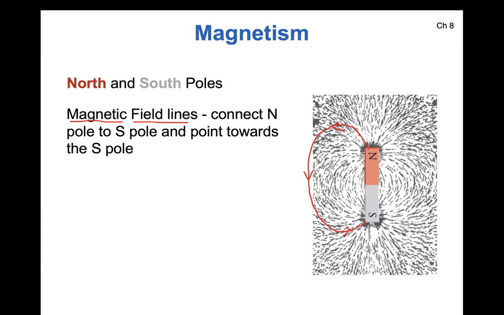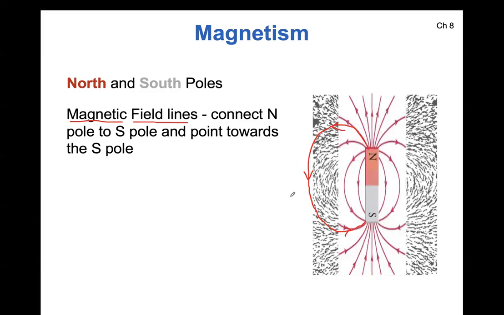And so, they will end up with gaps where there's no field lines or weaker field lines, and then thicker bands of the iron filings where the field lines exist. So it's a way of really visualizing what is otherwise an abstract idea, the magnetic field lines. All right, so here you can see, right?